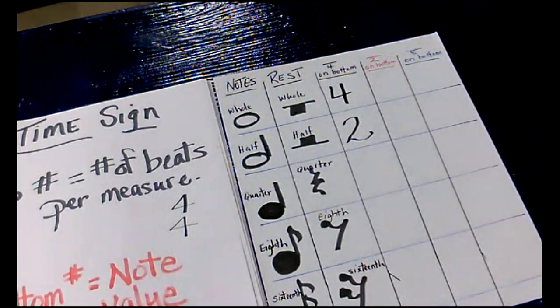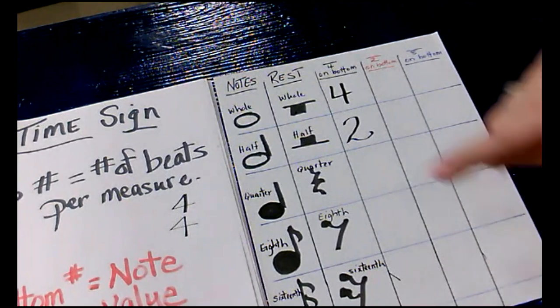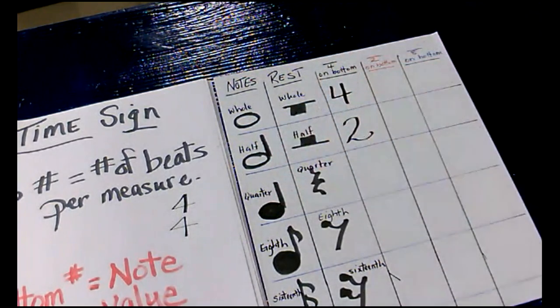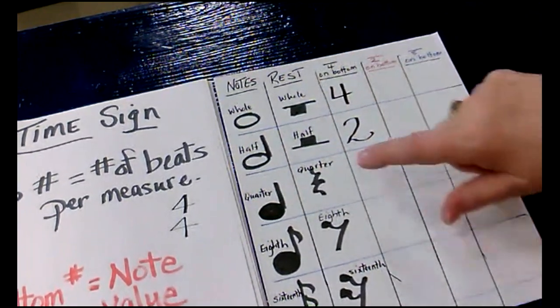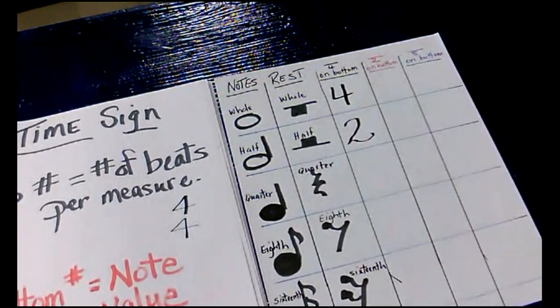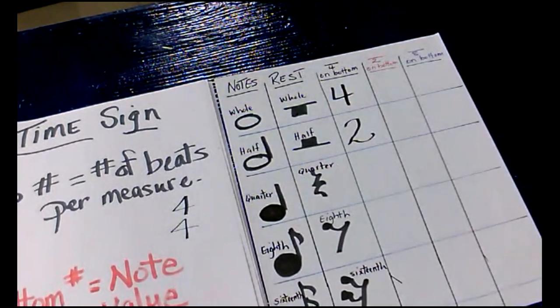Let's move on down. We've got the quarter note, which looks like a half note, but it has a circle that's colored in. So all we've done is color in that half note and made a quarter note. Now the quarter rest, I don't know how to explain that except it looks like a squiggly line.